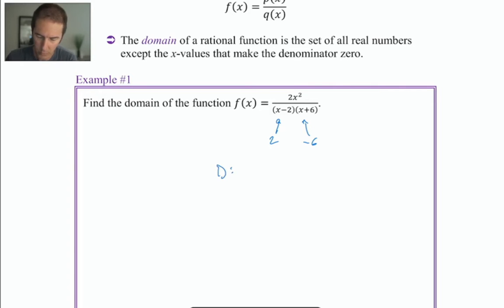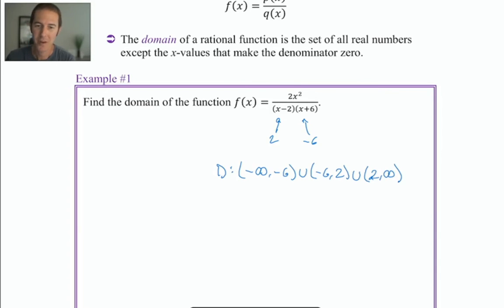So our domain will be all of the numbers from negative infinity up to negative 6, or any of the numbers between negative 6 and positive 2, or, that's the union symbol, any of the values from 2 up to positive infinity. And that's it. That's your domain. No sweat. We're going to talk about what happens graphically when x equals 2 and negative 6 as part of this conversation.